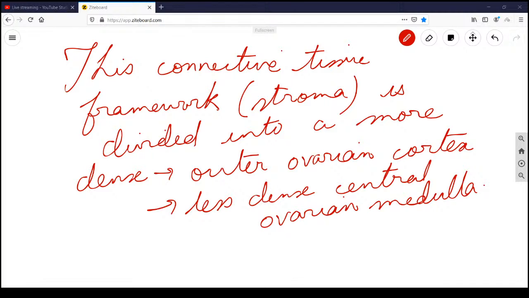Now the ovarian medulla contains large spirally arranged blood vessels, lymphatic vessels and nerves.